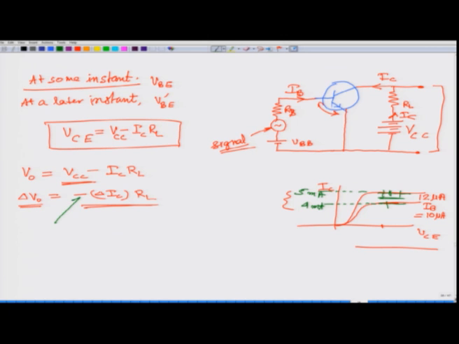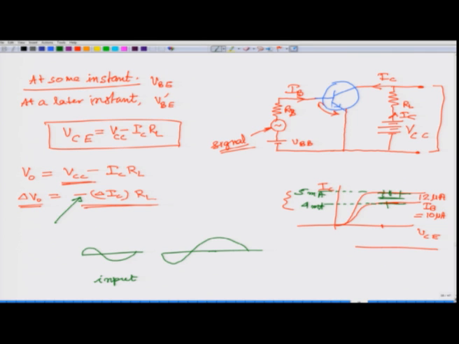The minus sign is there, that means the output is at pi phase difference with the input. If your input is like this, then the output will be enlarged, but it will be like this, enlarged and inverted, because your current is going towards left in this. So, this is how the amplification essentially takes place.